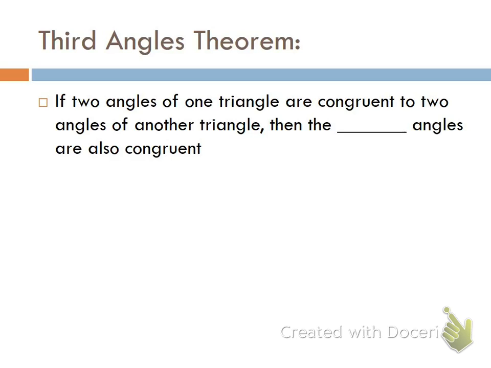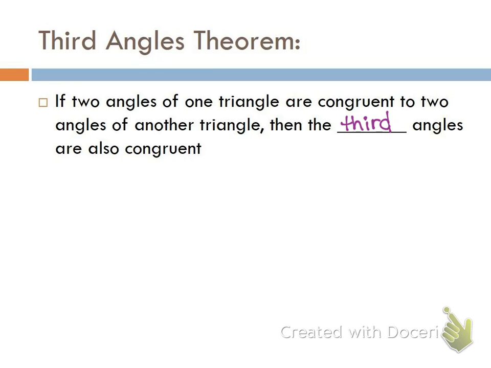The third angles theorem states that if two angles of one triangle are congruent to two angles of another triangle, then the other angles or the third angles are also congruent. I don't care if you call them the other angles or the third angles. If we were already talking about two pairs from each triangle, the third pair or third angles are also congruent.